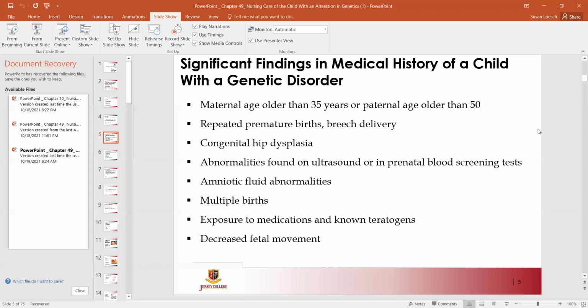So information that's extremely important when we're looking at genetic disorders is the age of mom and dad.